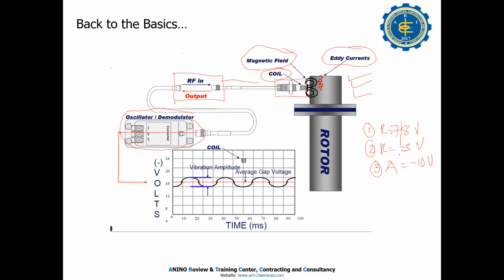Because in the previous slides, I always talked about steam turbines, you can encounter this in your System 1 in the future. Make sure that you have 7 to 8 volts, then 3 volts, and then the axial negative 10 volts.